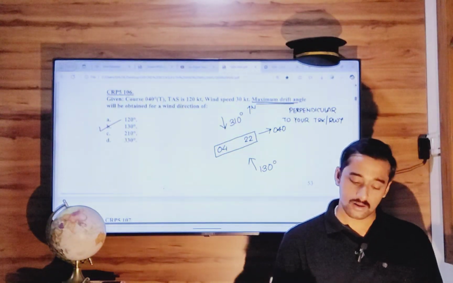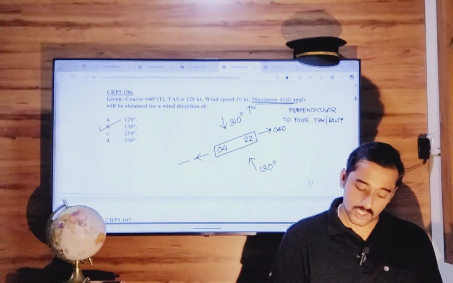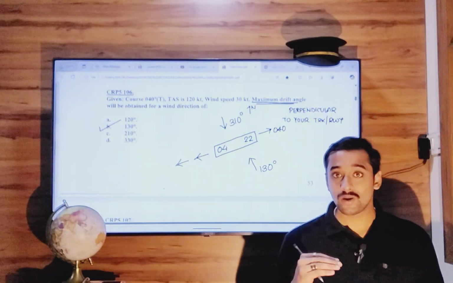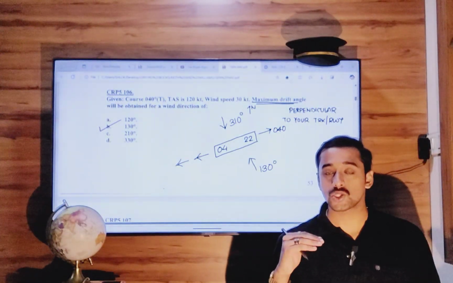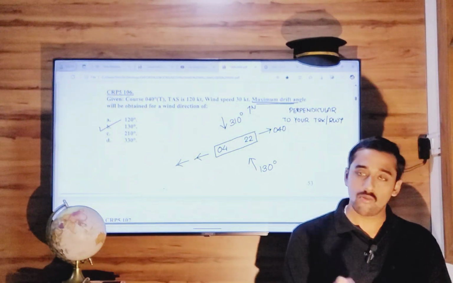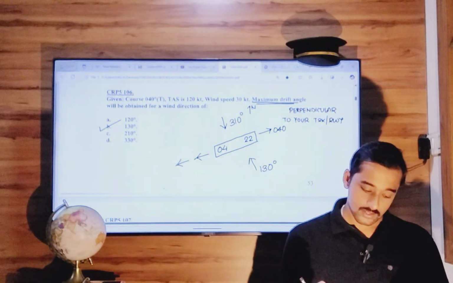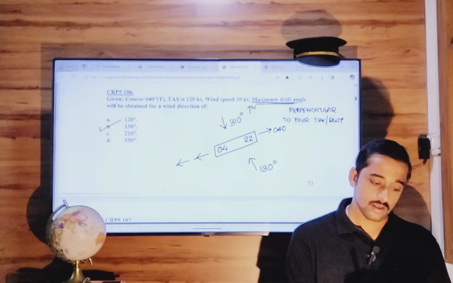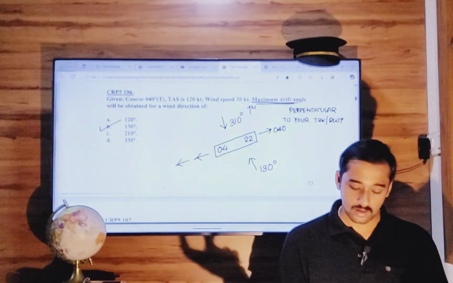Now let's say your course is 220. In that case, a crosswind which is perpendicular to course 220: 220 plus 90 is 310, or 220 minus 90 is 130. Okay.